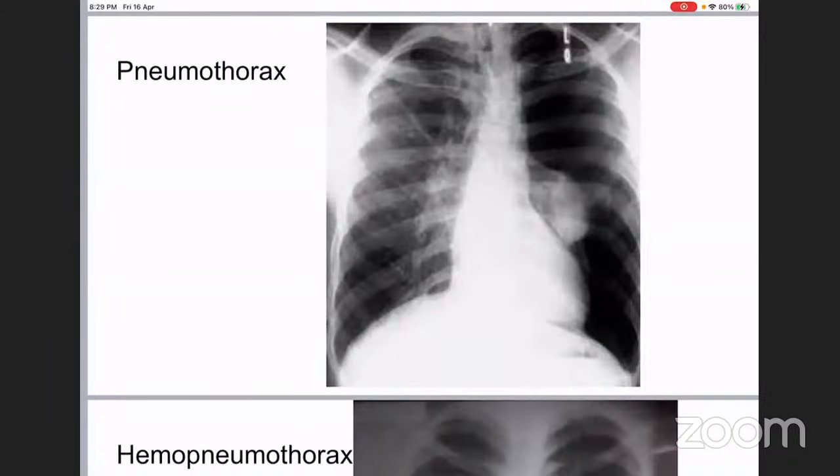The goal of any treatment is to make the lung re-expand. So what is the treatment for a non-tension pneumothorax? Intercostal drainage. Yeah, intercostal tube drainage. So you insert an intercostal drain.